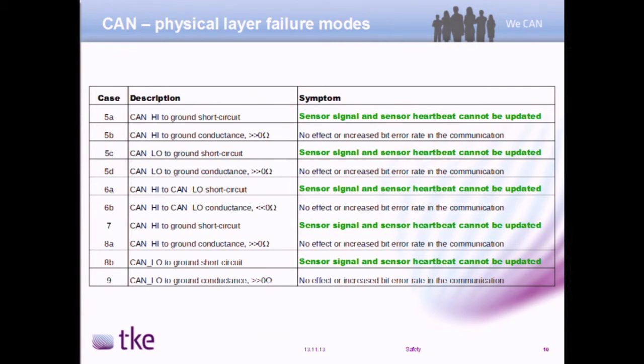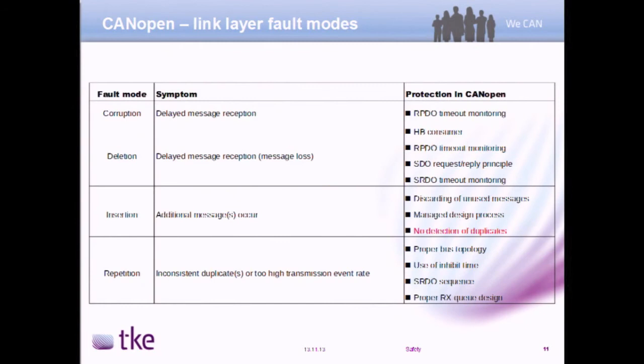But the majority of those failures can be detected by the MAC layer, link layer, or application layer. And because of the packet communication, the physical layer occurrences are not analyzed.